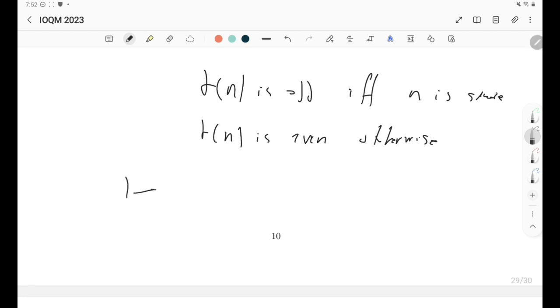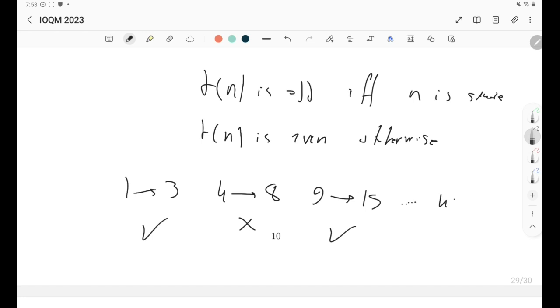So from 1 to 3, this is good. But from 4 to 8, it's bad, it's even. From 9 to 15, it's good. So if we use this strategy, we're going to keep doing this until the end. The end was 2023.